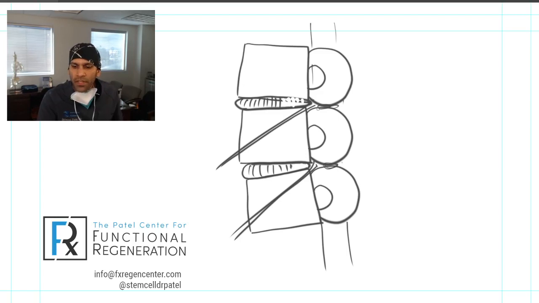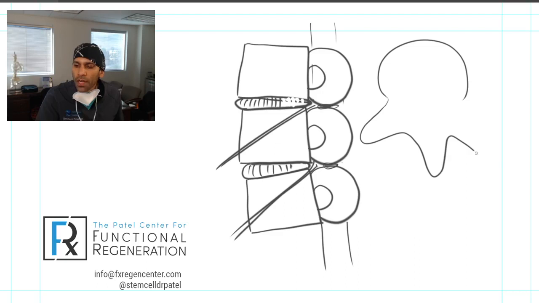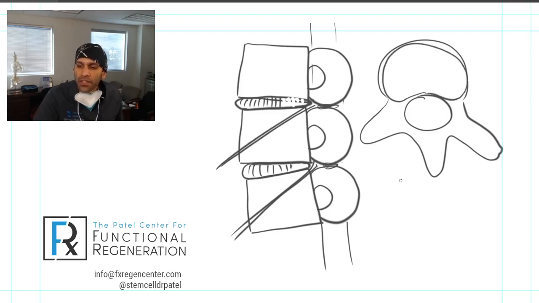So basically the hole that contains these nerves is bordered by the disc and the facet joint. Now, this is a side view, but when we look at it from up to down, we can see that there's the disc in the front of the body. This is the front, this is the back. This is the central canal that contains all the nerves, and these are the facet joints on either side.